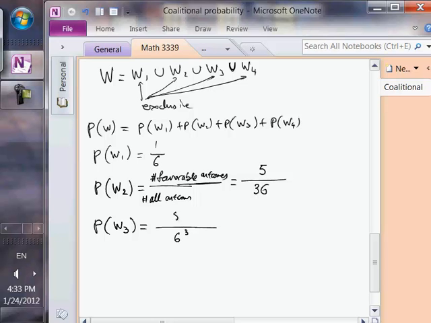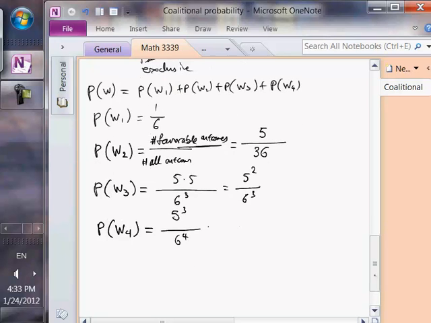So that gives you 5 squared over 6 cubed. And finally, W4, now it's easy to guess the pattern, will be 5 cubed over 6 to the 4th. So the probability of W is 1/6 plus 5/36 plus 5 squared over 6 cubed.